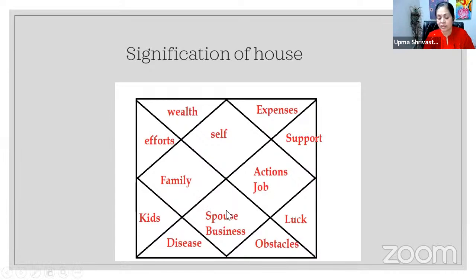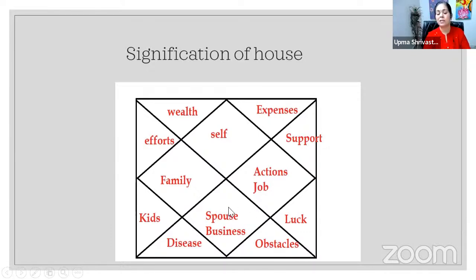This is the seventh house. This is the house of relationship. Your spouse, your business partner, how good business you are able to do, how much support you will get from your partner or anybody. This is yourself, and this is just opposite to the self house. So the other person, with whom we are talking, is checked through the seventh house.